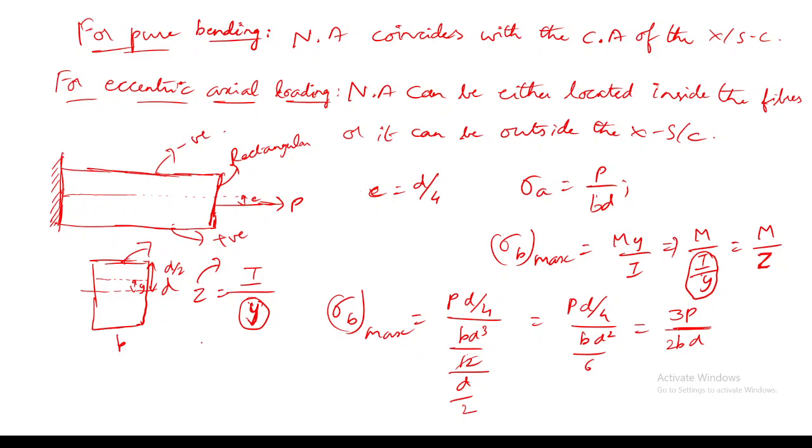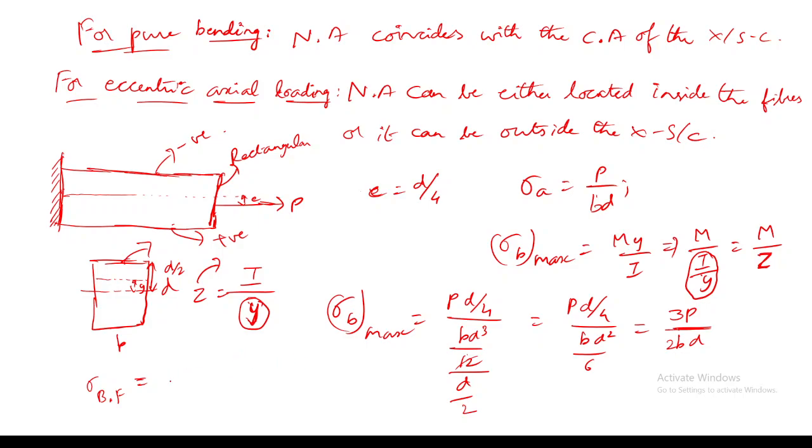Can you say what will be the value of the total stress at the bottom fiber and at the top fiber? For the bottom fiber, what will be the value of total stress? 5P by 2BD.